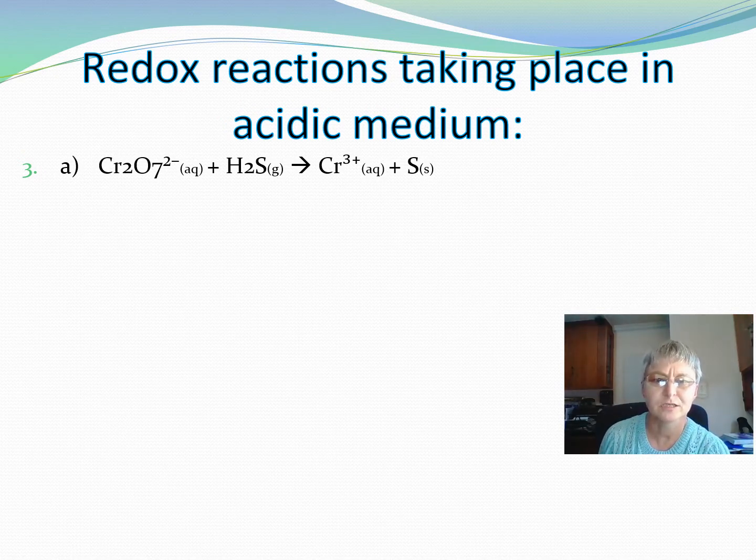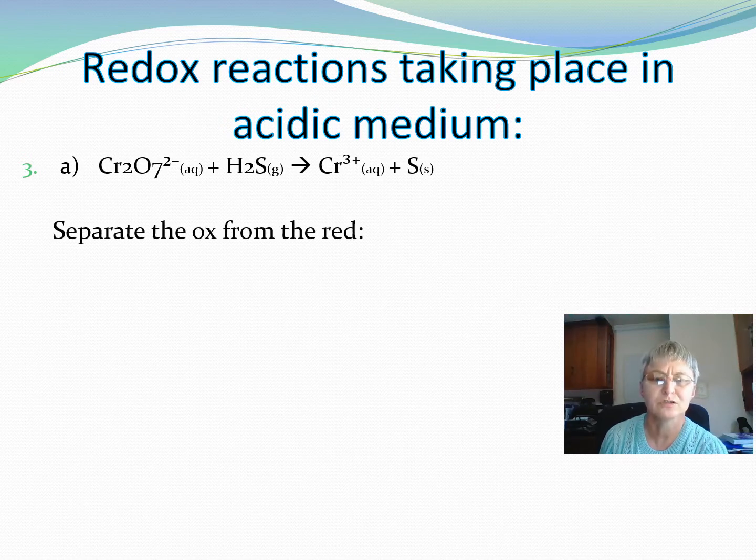Now, the first thing that we need to do is separate the oxidizing agent from the reducing agent. So first of all, we use oxidation numbers to identify the reducing agent and the oxidizing agent.